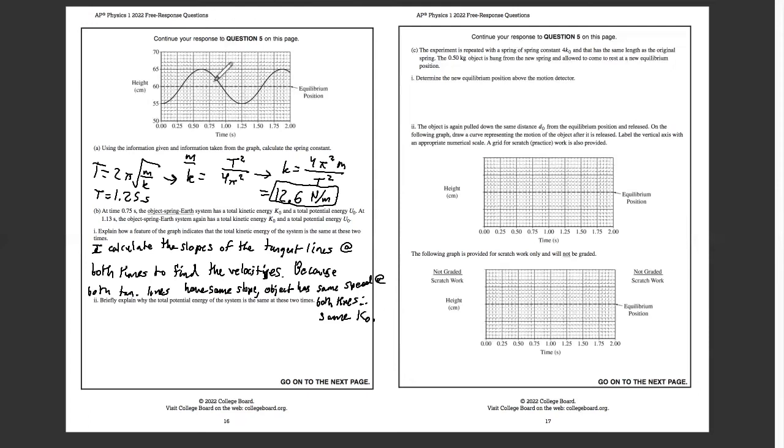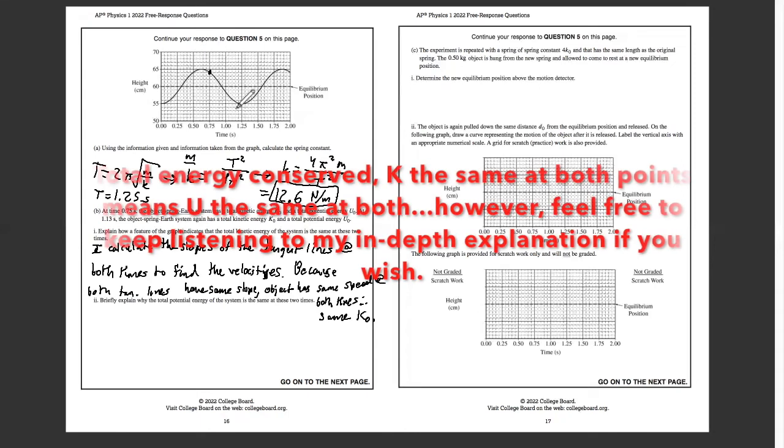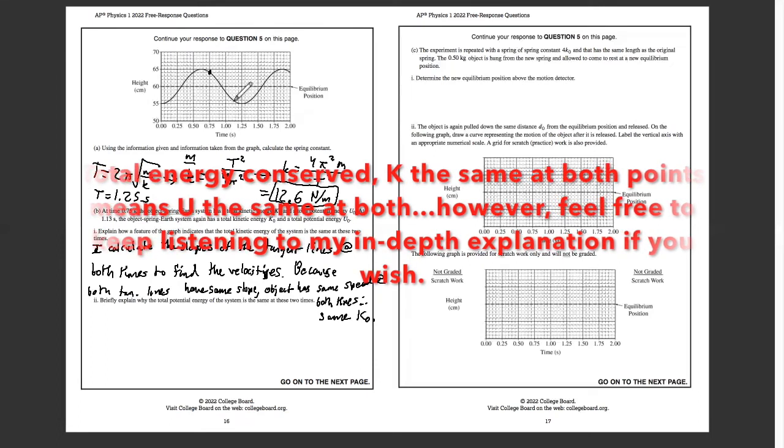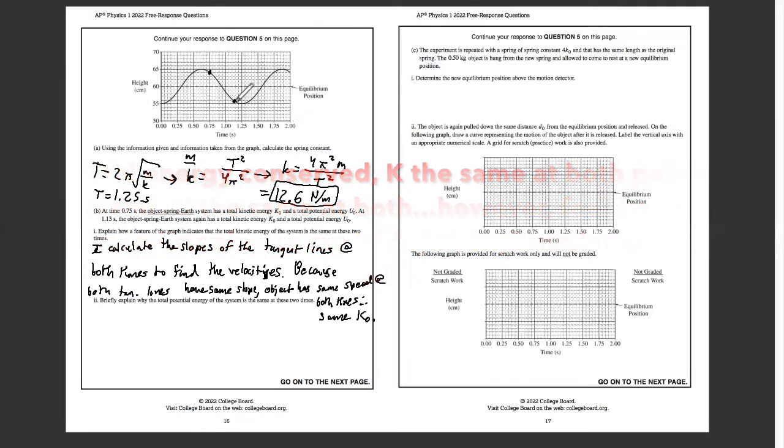Now, if I take a look, just so I can eyeball this a little bit better, here's where height as a function of time is right here. And then in terms of 1.13, that's going to be approximately right here.